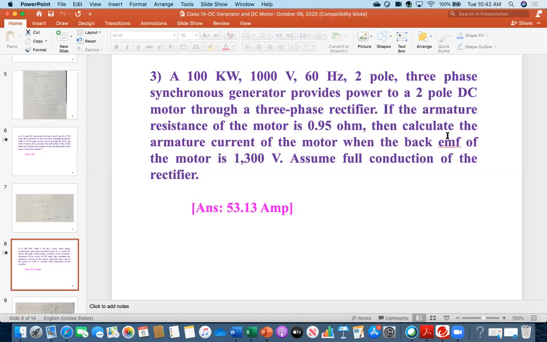Then the question is, calculate the armature current of the motor. What is the IA value? Provided that the back voltage is 1300 volt. And for the rectifier, assume full conduction, meaning that the firing angle should be 0. Now, let me take you to the board. I am drawing the picture and then I believe you are able to solve. And here I have written down the answer. Let me take you to the board. I am drawing that picture.